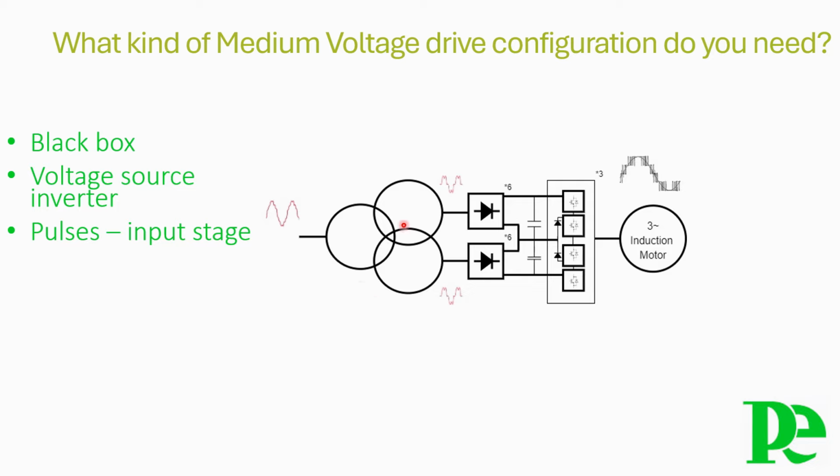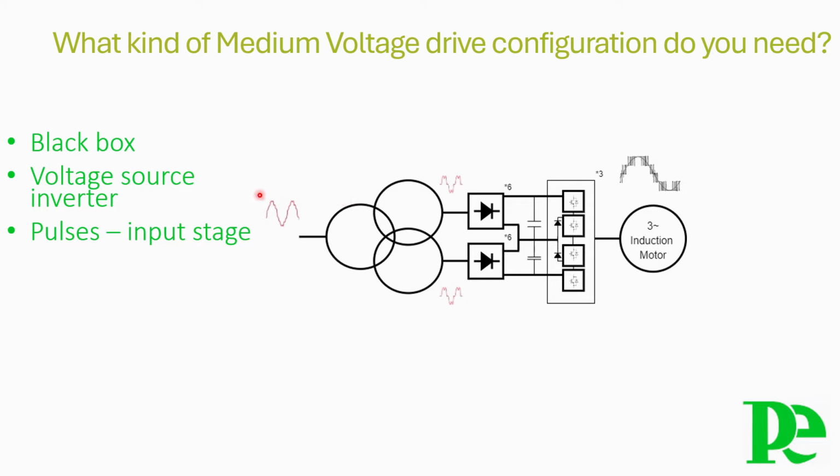We call this a 12-pulse in-feed. The secondary windings of this 3-winding transformer have a phase shift of 30 electrical degrees, thereby cancelling the harmonics, the 5th and the 7th, on the primary side. This 12-pulse in-feed results in lower line harmonic distortions.